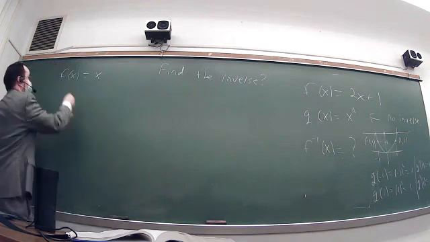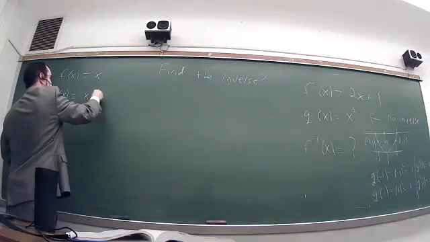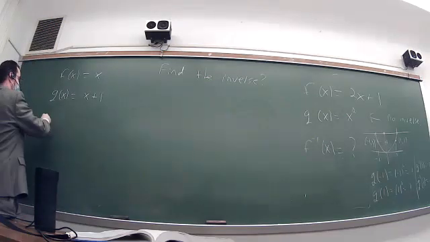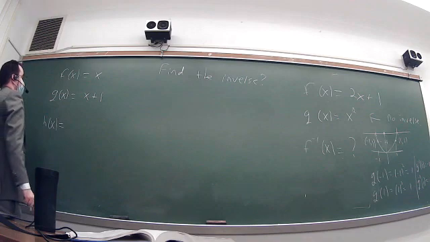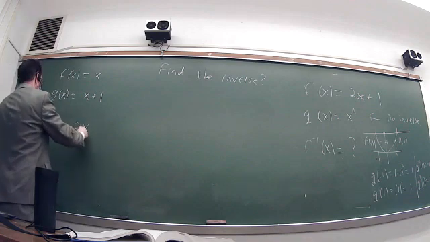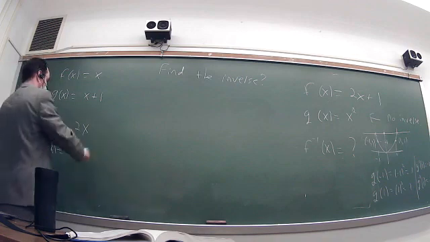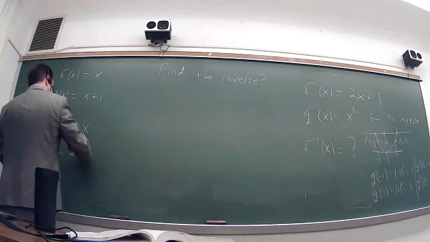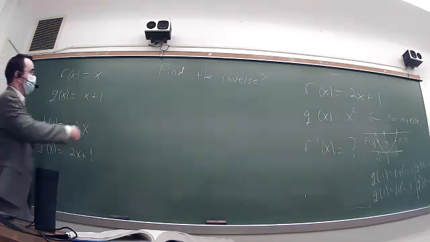I'm going to take f of x equals x, g of x equal to x plus 1, and then h of x equals 2 times x, and then j of x will finally go up to x plus 1. So please do these in order.